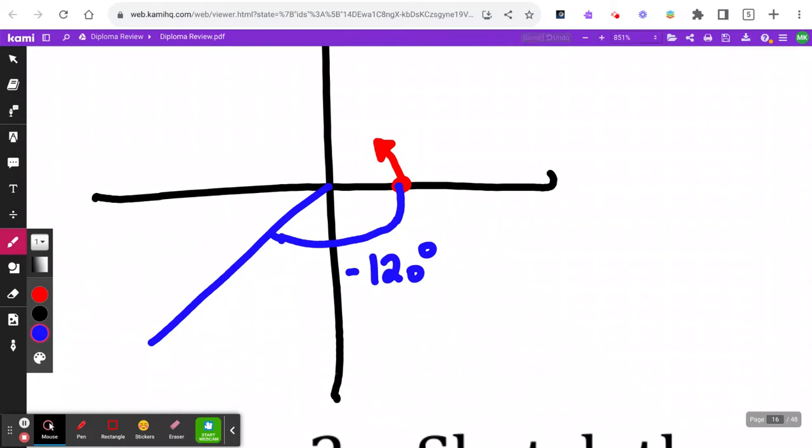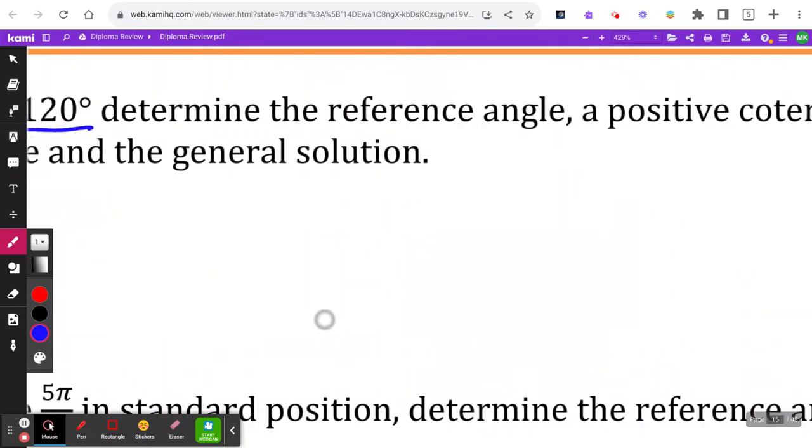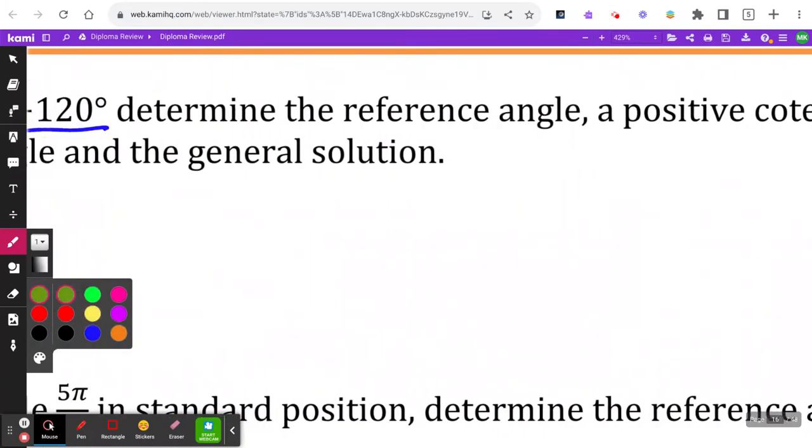They asked us for a whole whack of definitions, so we're going to go through them all one at a time. First thing it said was, what's the reference angle? Reference angle is the angle to the x-axis. The closest x-axis. Good question.